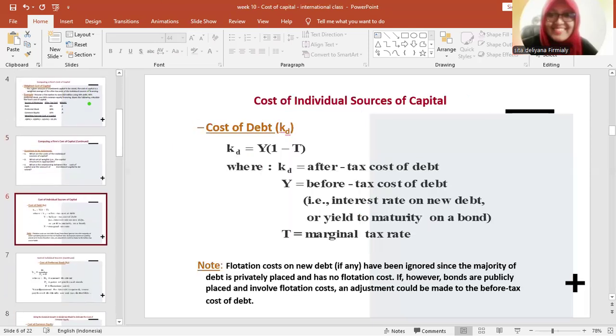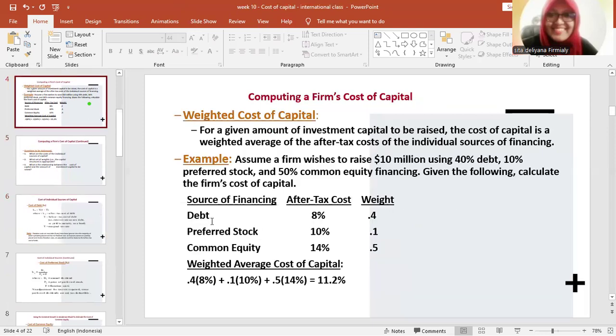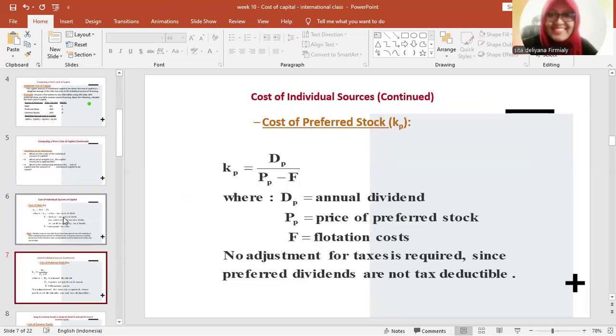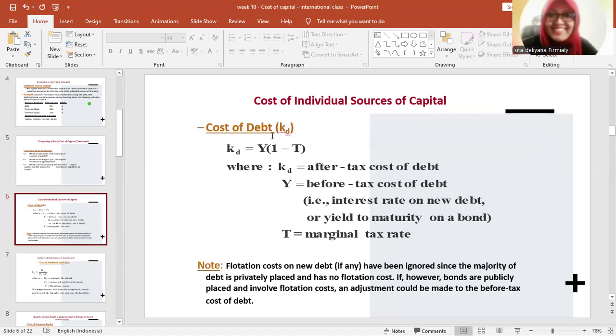Now, the cost of individual sources of capital. First, debt. This is what we call the cost of debt. How can we calculate the cost of debt? Technically, this is the basic formula: you calculate the cost of debt by using the before-tax cost of debt multiplied by 1 minus the marginal tax rate.